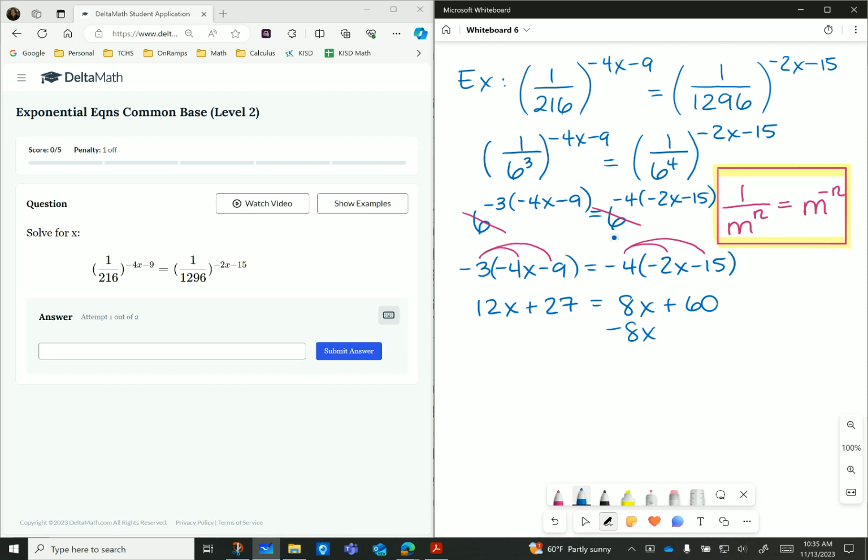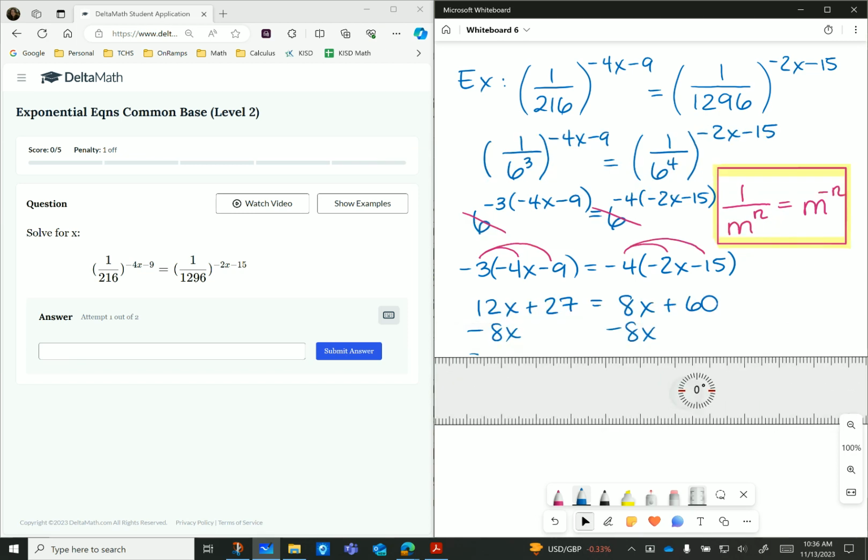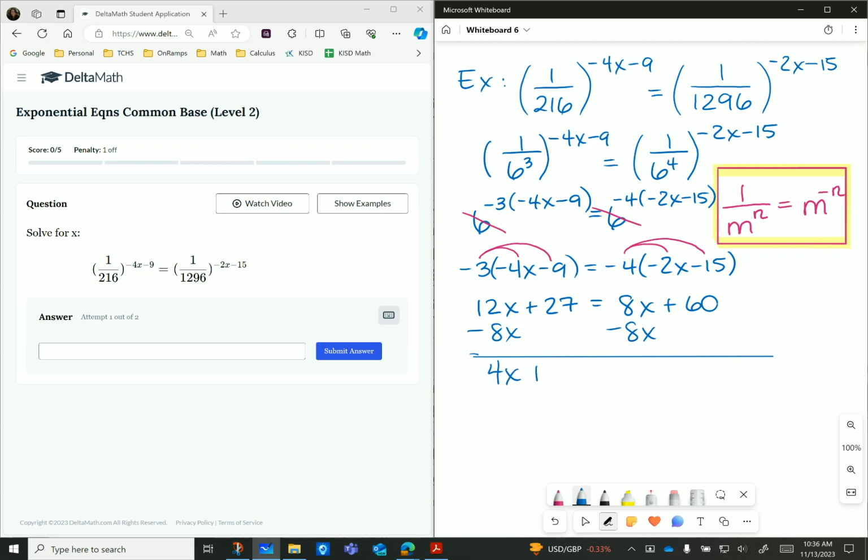Let us solve. I'm going to move my x's first to get them all on one side. So I am going to subtract 8x on both sides. That leaves a 4x plus a 27 equals a 60.